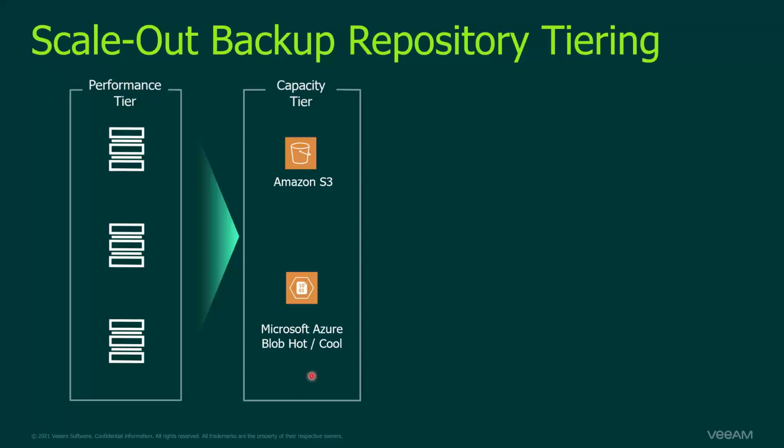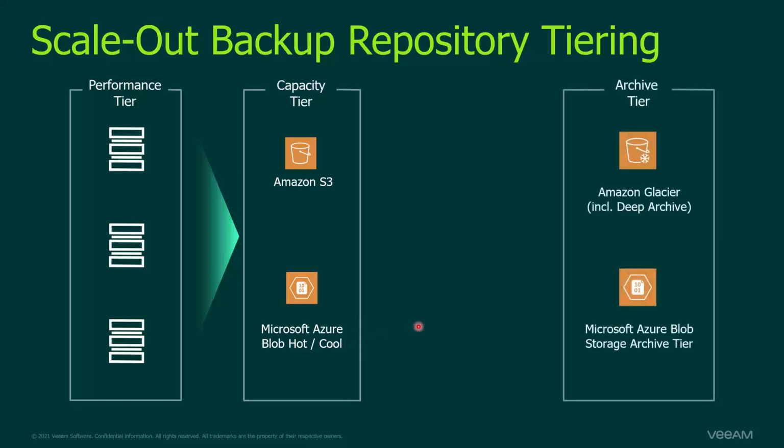But then with version 10 we enabled copy mode, so you can have an immediate copy of data from your regular disk-based repositories onto the object storage. So you have 2 copies of data to meet the requirement for your hosting needs, let's say, or to have a secondary repository for your Cloud Connect backups just to be fully protected.